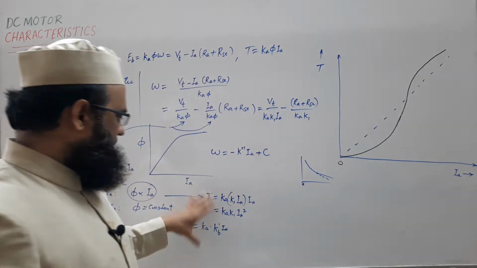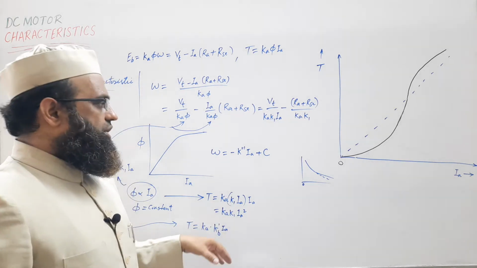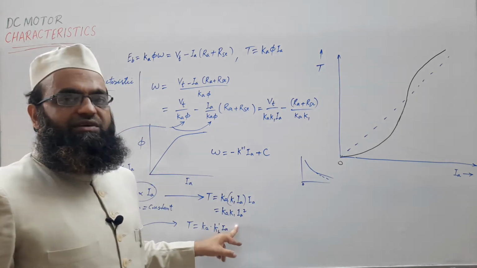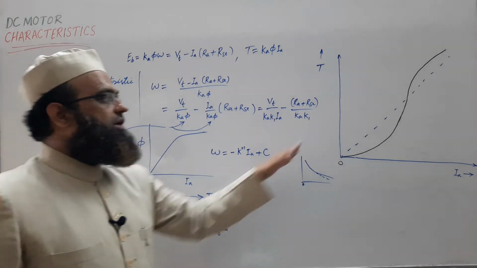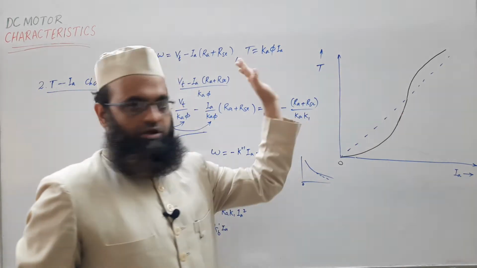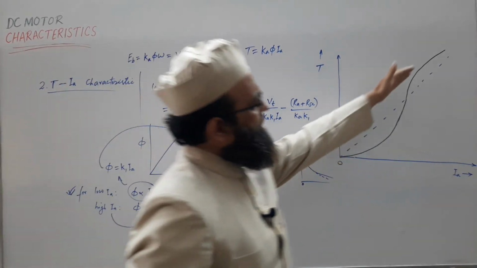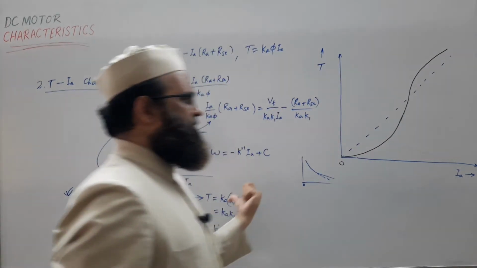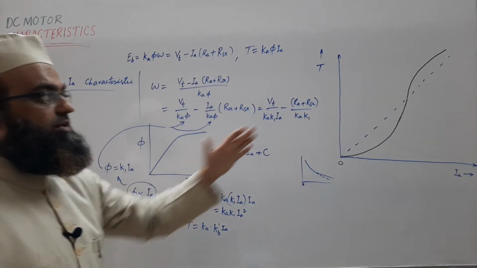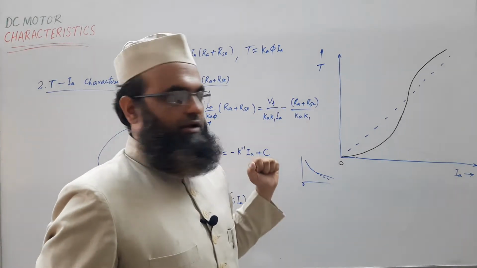For our equations, the slopes are defined everywhere, though initially the slope increases with increasing Ia, but at a higher value of Ia the slope of torque becomes constant, parallel to this line or some other line depending upon the value of the slope obtained, but it will be constant. Constant means the curve will be a straight line.